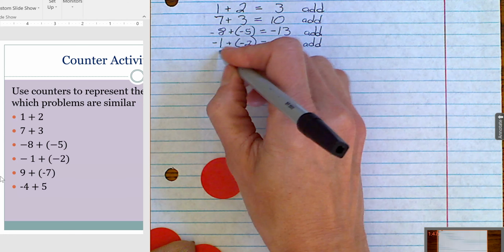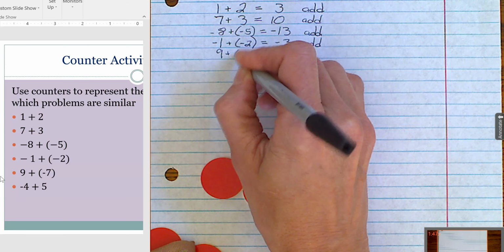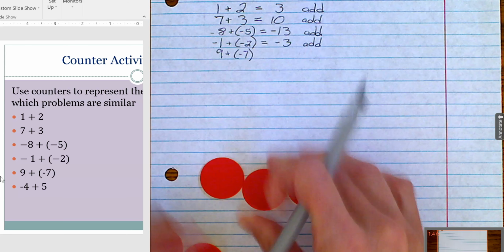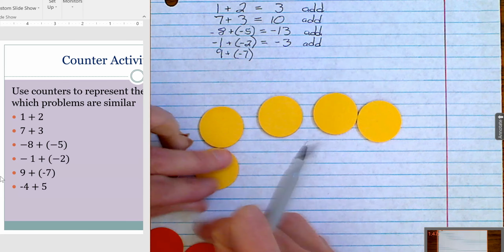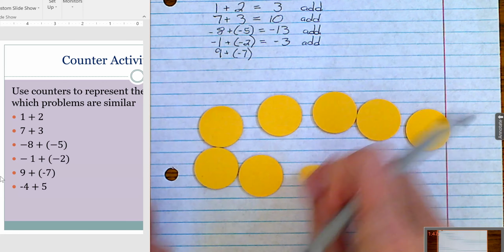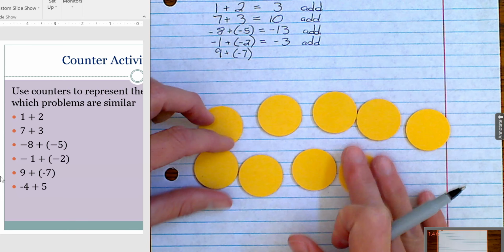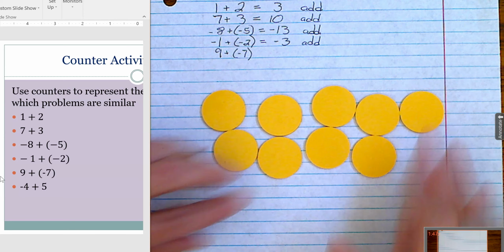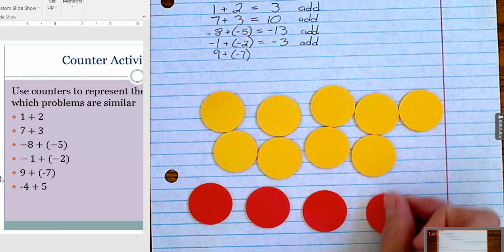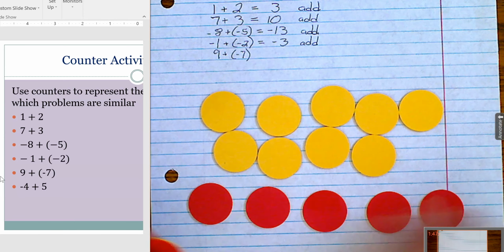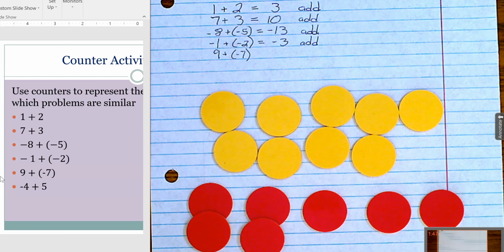The next problem says 9 plus -7. I'm going to start with 9 positives, and I will add on 7 negatives. So I added to the situation 7 negatives.